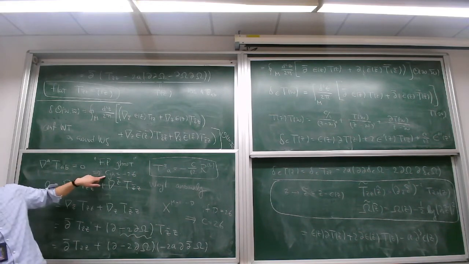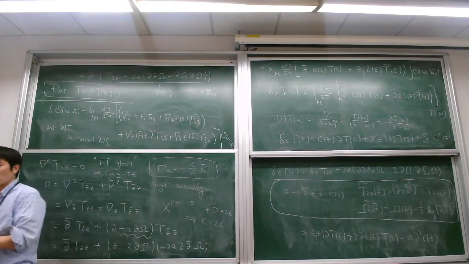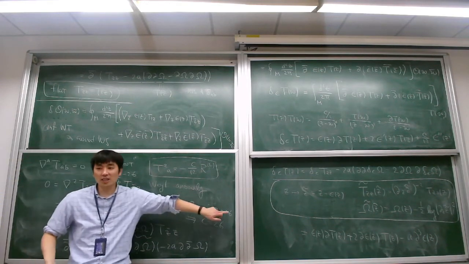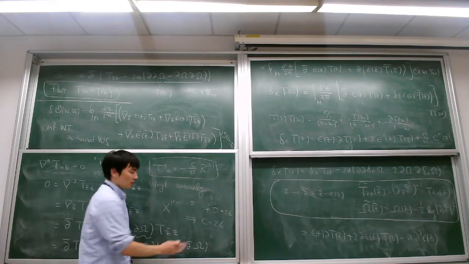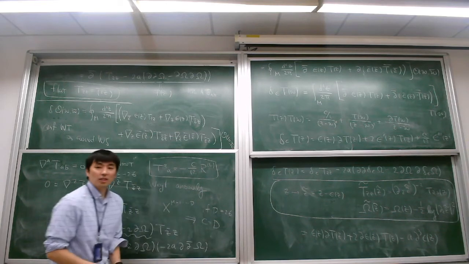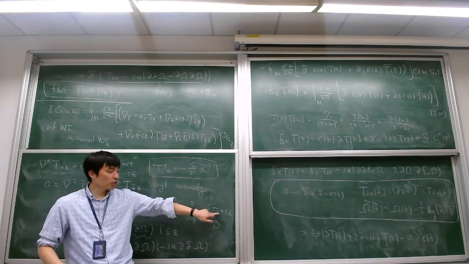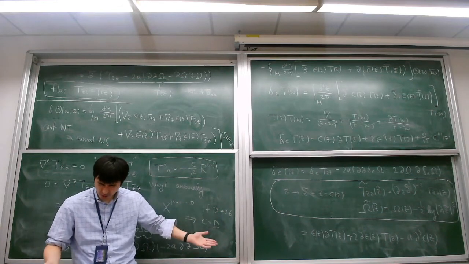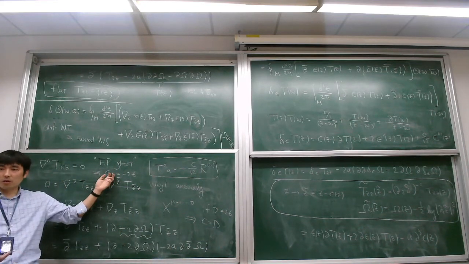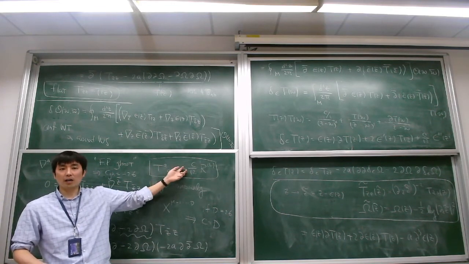This ghost central charge cancels with the bosonic central charge. In general, the central charge is the same as the target space dimension D. If the target space dimension is 26, it can cancel with the ghost central charge, and at the end of the day, it's free from the Weyl anomaly.